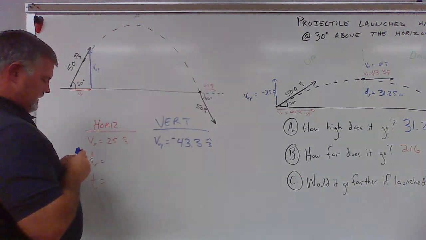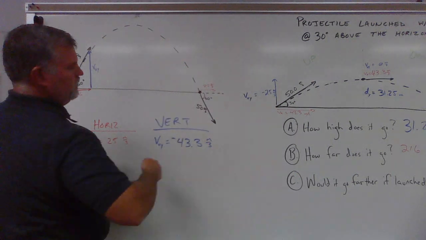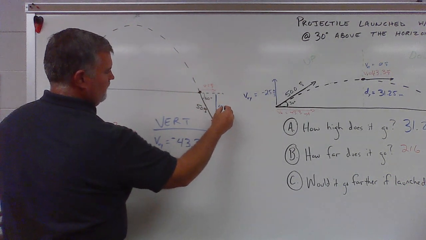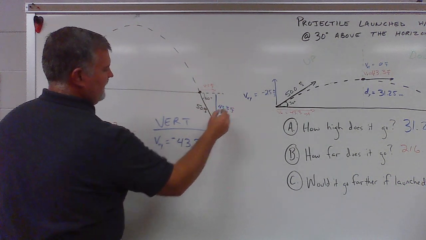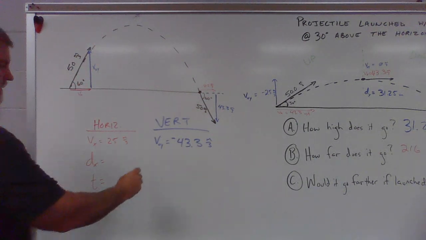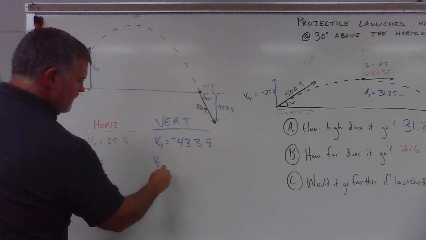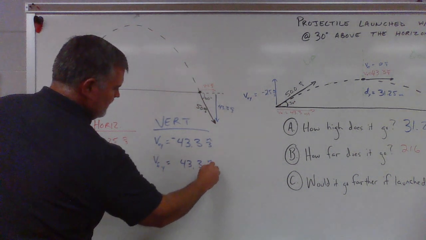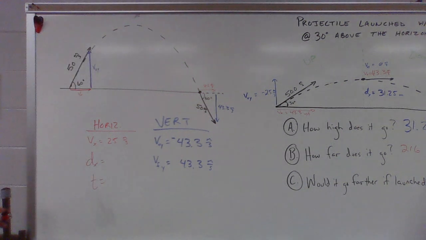And its downward component is going to be 43.3 meters per second, the mirror of what it was on this side. So the final vertical velocity is going to be 43.3 meters per second.